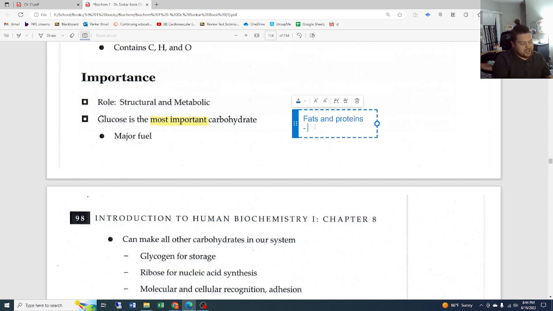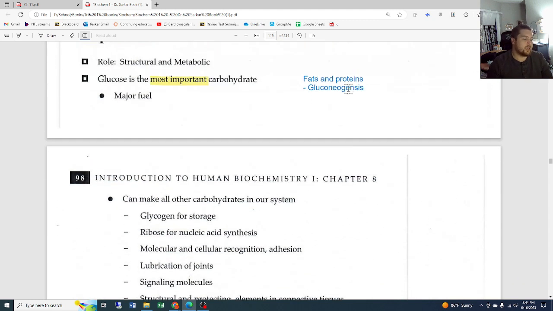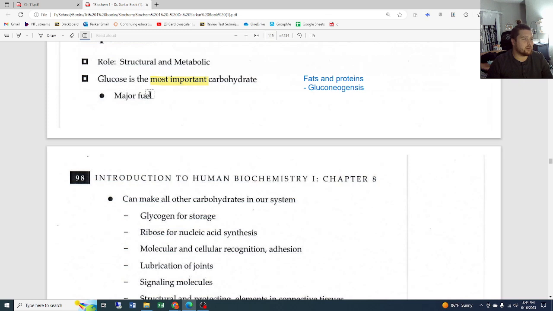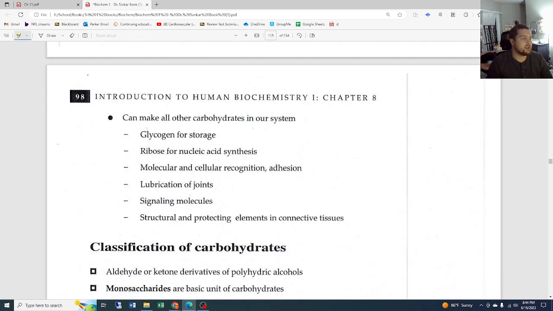And if you remember, that is called gluconeogenesis, making of glucose from non-carbohydrate sources. So it can make all other carbohydrates in our systems. This is why glucose is so important. Glucose is like that essential building block for all of this stuff.